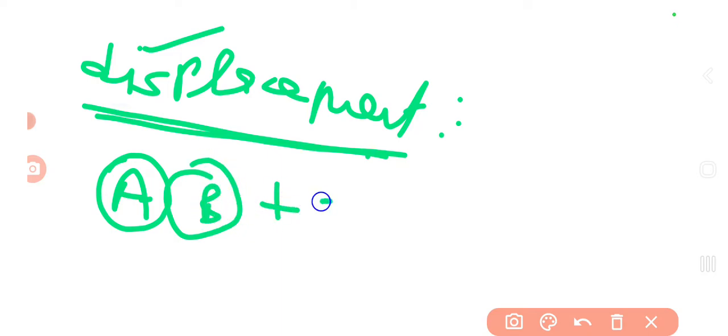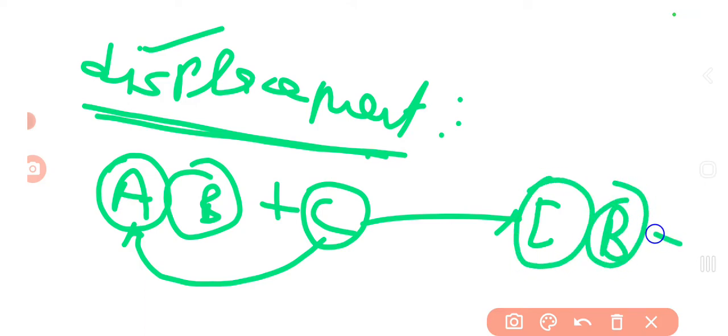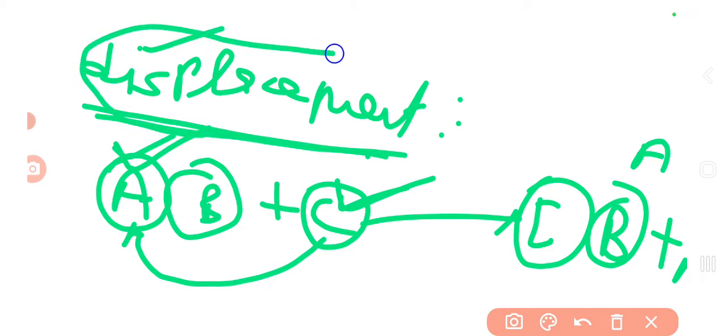A, B, C and C is here, and C and B plus A. As we know, a reaction in which the high active element replaces the low active element from its compound is known as displacement reaction. And this element may be metal.